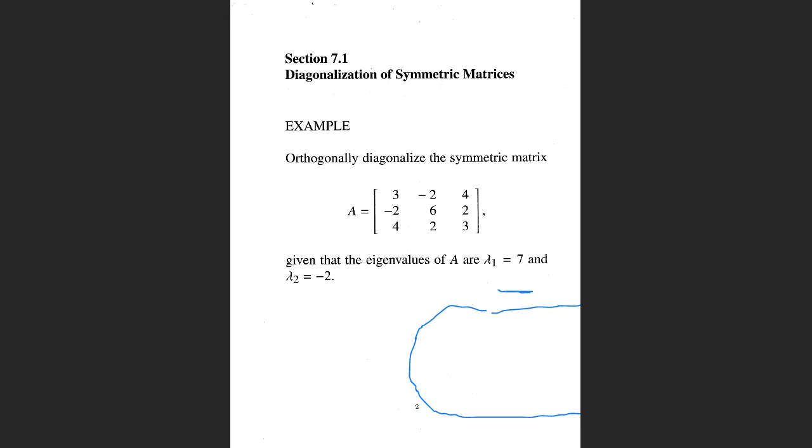We want to write the matrix A as P times D times P transpose. How do we construct the matrix P? What must we find to construct this matrix P?